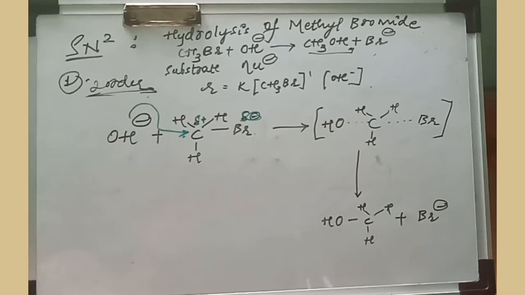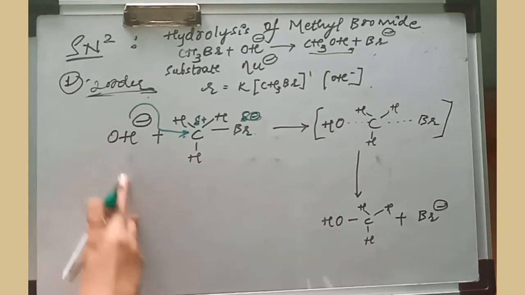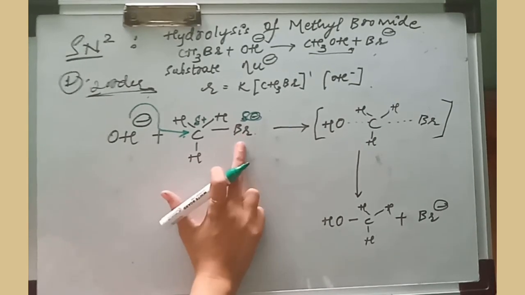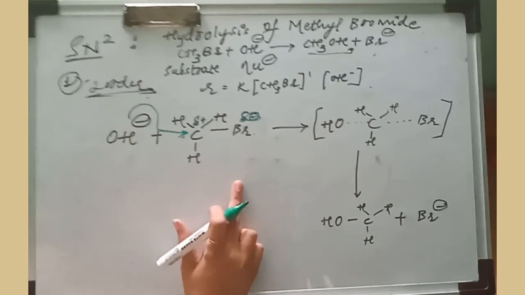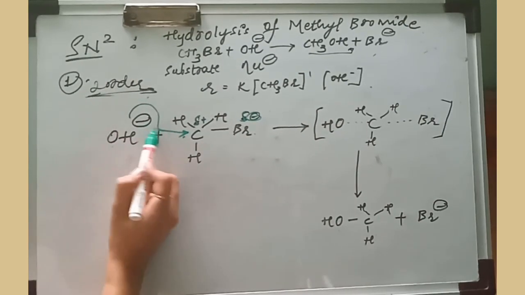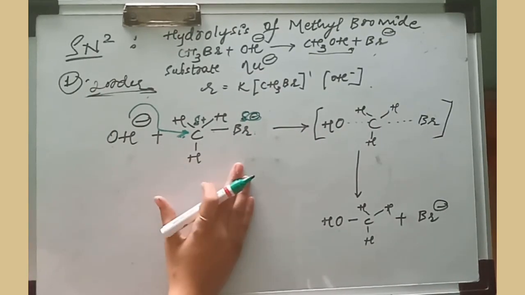The OH minus is attacking from the side opposite to the leaving group, that is the Br minus here. The moment this OH minus attacks, the Br minus will be going. The reaction will not happen immediately.